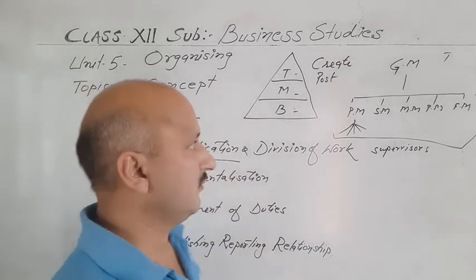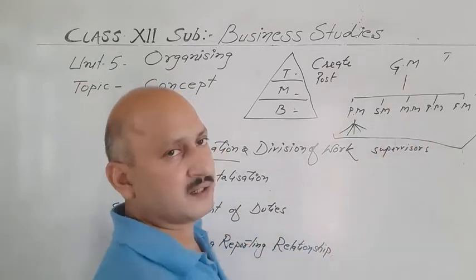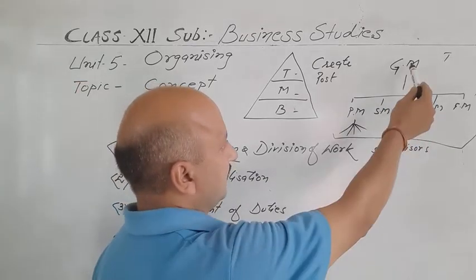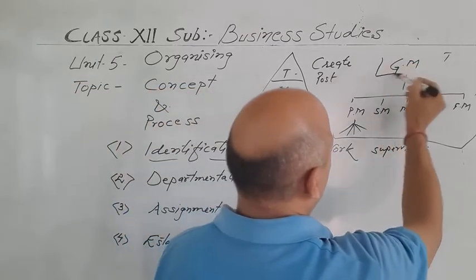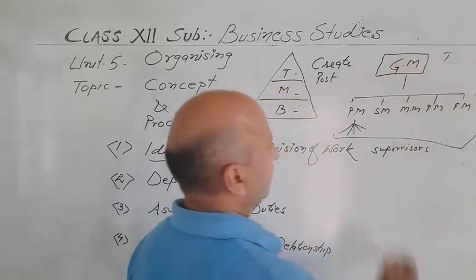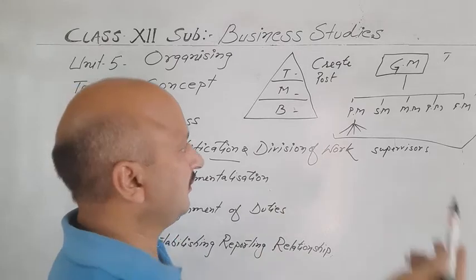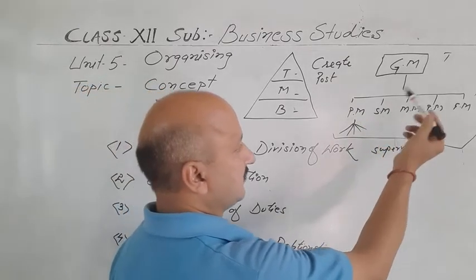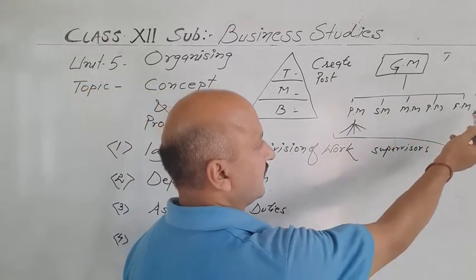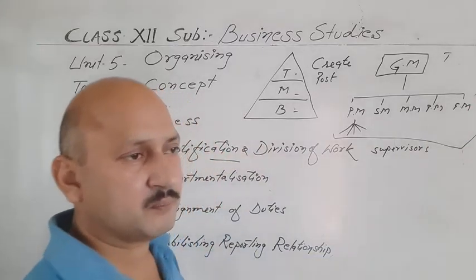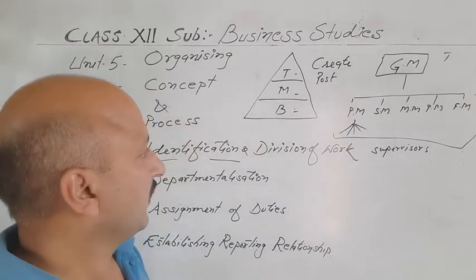For that we have prepared this type of chart: at the top level he will be the overall in charge of the organization, and he will be assisted by the purchase manager, sales manager, marketing manager, production manager, finance manager, and there may be more than that.